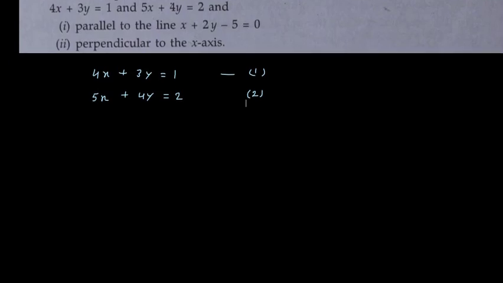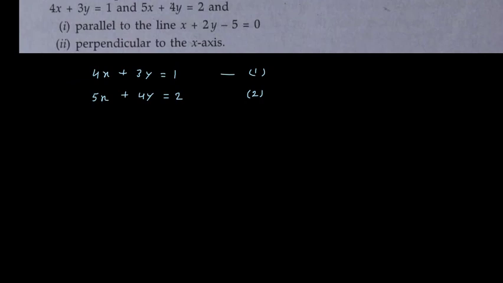First I have to find the point of intersection of these 2 lines. So here I will write those lines. It is 4x plus 3y is equal to 1. This is your equation 1. And 5x plus 4y is equal to 2. This is your equation 2. Now I have to solve these 2 equations.